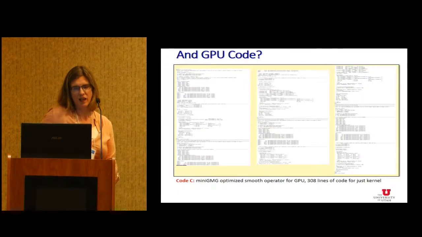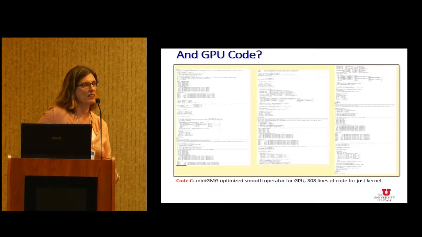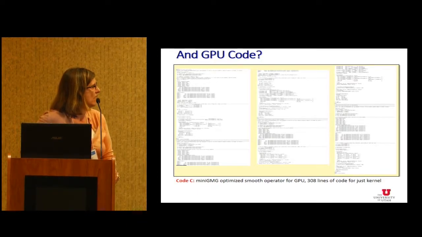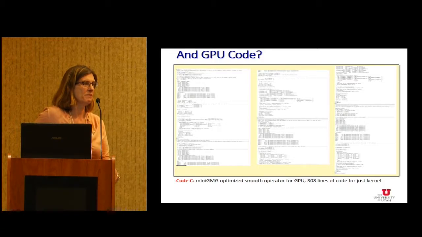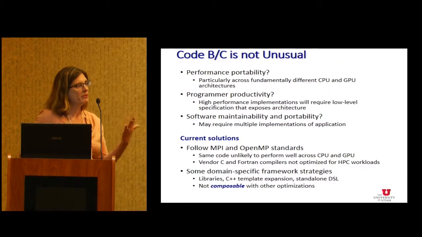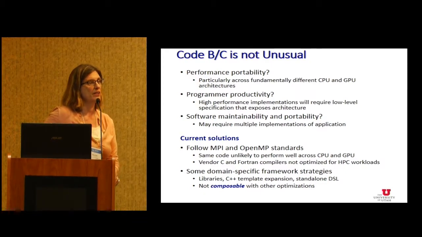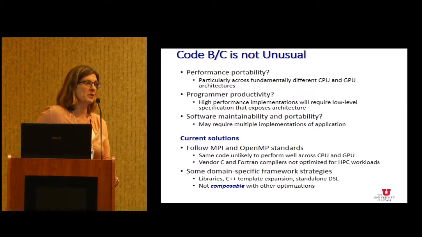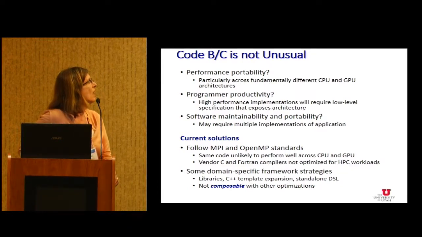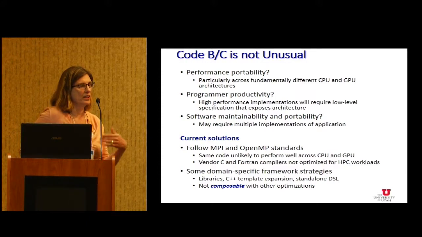And suppose you want to run this code on the GPU, well, you have to start over and write it again, okay? So this is just the kernel code, and it's 308 lines of code, okay? So this is typical if you really want to get high performance on modern architectures. You have to write fairly low level and fairly architecture specific code to get high performance. And this is probably going to get worse as the architectures that we see are going to be increasingly diverse, and they're going to come on the scene, and you're going to have to rewrite your code.